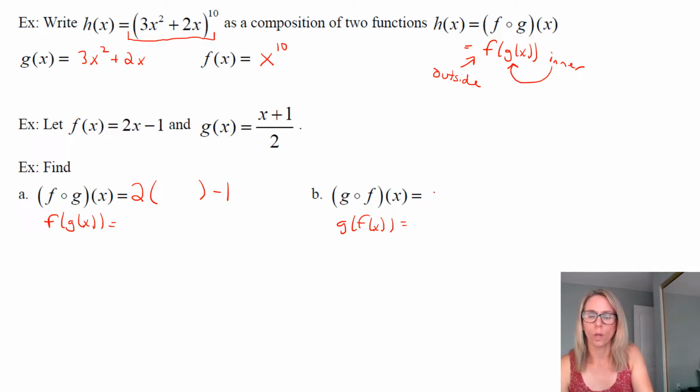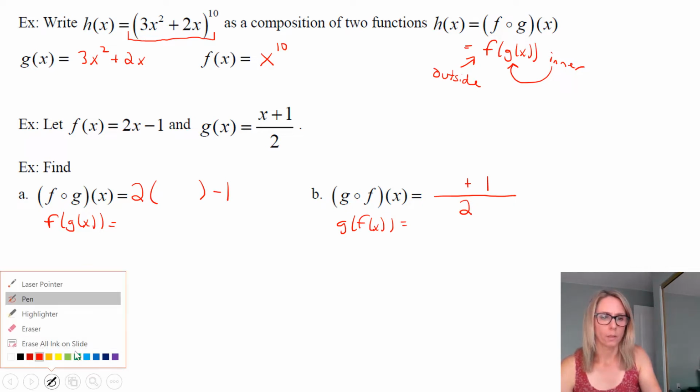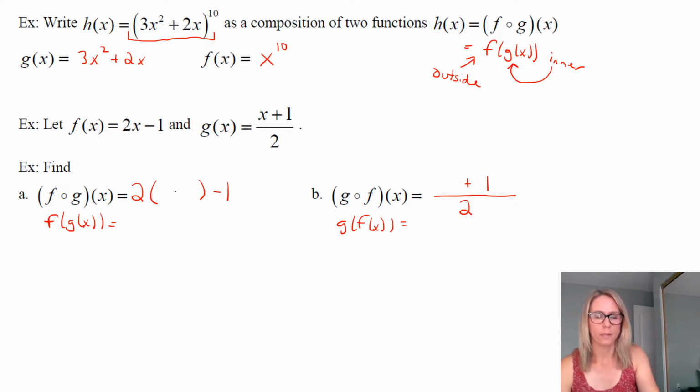Okay, so I'm going to try to use a couple colors here. Okay. And then notice I'm going to place g of x into here, and I'm going to place f of x into here.